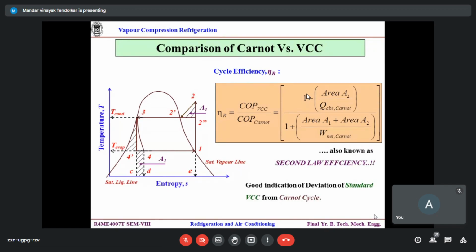Yesterday we had seen up to this part, right? Second law efficiency we had discussed, which is the ratio of the COP of the VCC and the ideal cycle, that is the Carnot cycle. And we have seen that area A2 and area 1 have to be the minimum. If I reduce this area, my isenthalpic expansion reaches as close as possible to the isentropic expansion. And this extra superheated part could also be reduced.